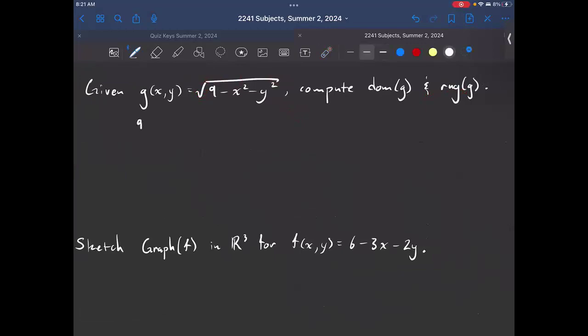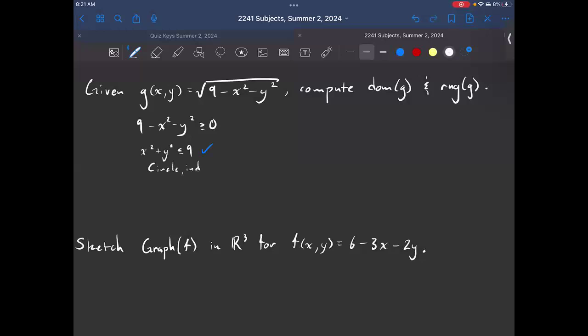And that means that we want 9 minus x squared minus y squared to be non-negative. If I solve that, it means x squared plus y squared is less than or equal to 9. And this is the equation of a circle.